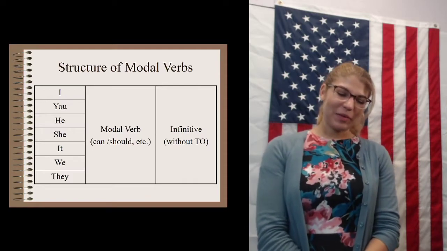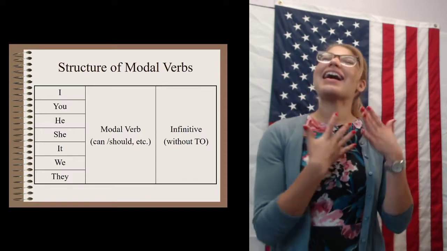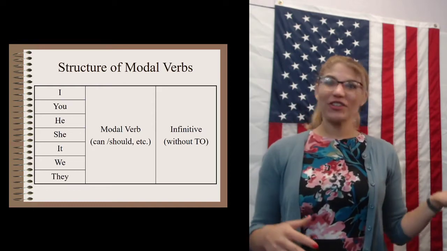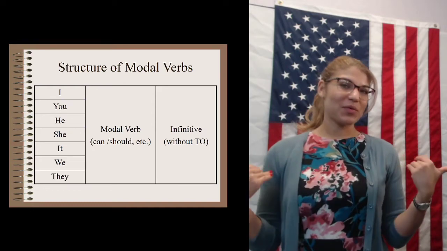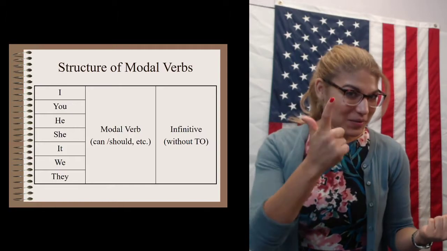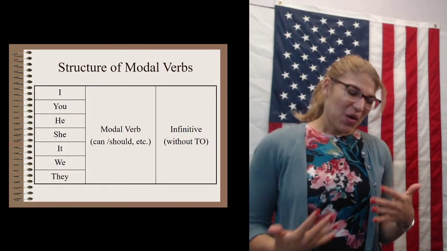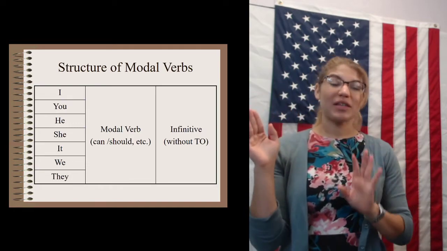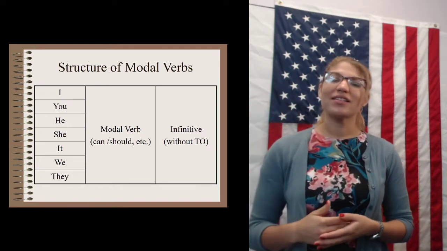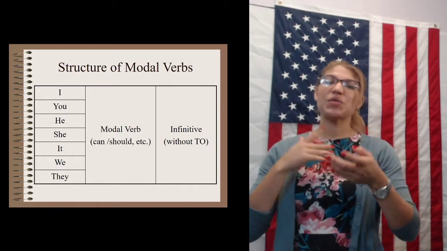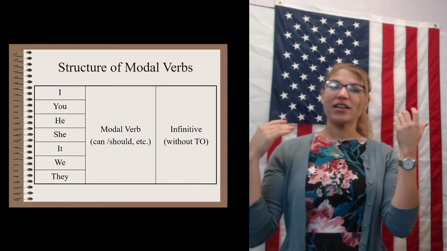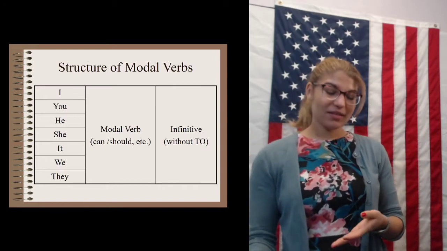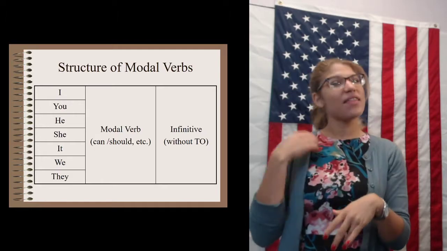Sweet. Perfect. So, again, our structure. This is only review before the quiz because I know that you know. The structure of our modal verbs is very first our subject. Our subjects in English are I, you, he, she, it for things, we, and they.